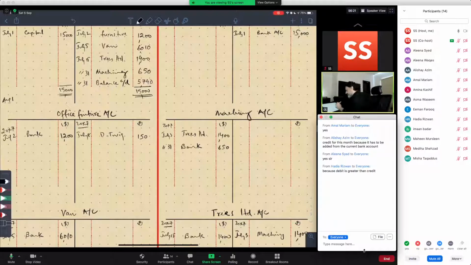So we are going to bring the balance down, and this time we will use the term B slash D. Balance B slash D means brought down. This balance is going to be brought down on its natural side. Since its true nature was debit, we are going to bring it down to the debit side, 5740.